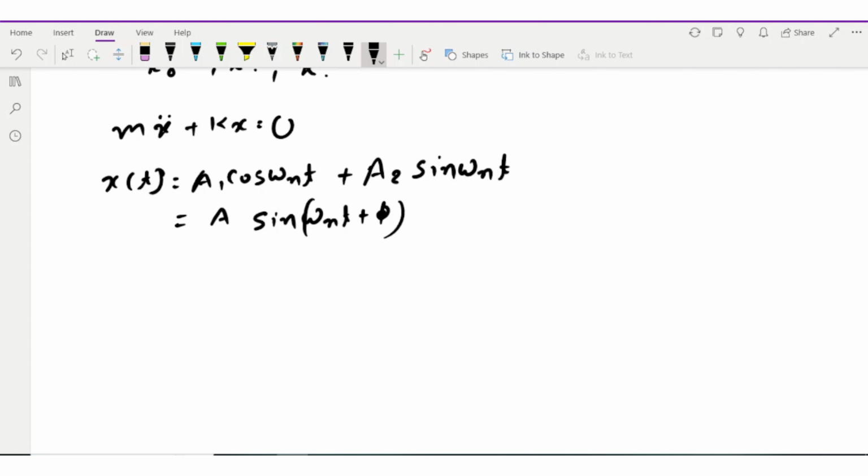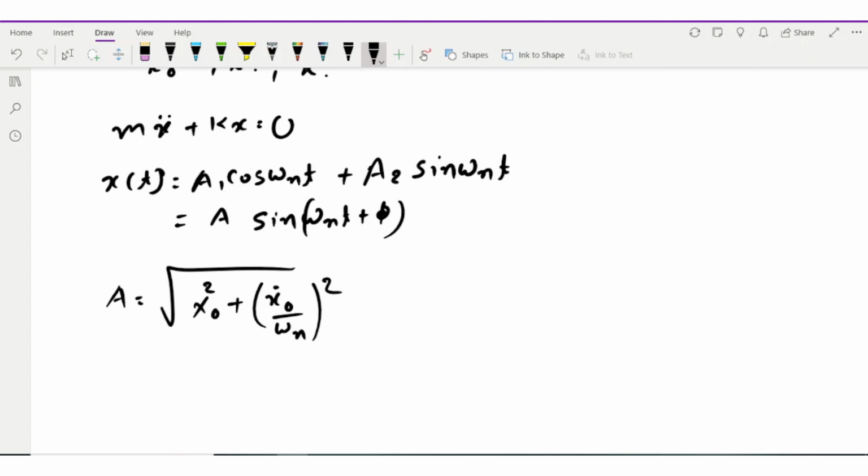Once you put in the initial conditions, it gives you the displacement amplitude of the system. You can use this equation directly, or you can just put in the initial conditions and then solve the equation, and it goes to the square root of x0 squared plus x0 dot divided by omega n, squared. So x0 is the initial displacement, x dot 0 is the initial velocity, and omega n is the natural frequency of the system.